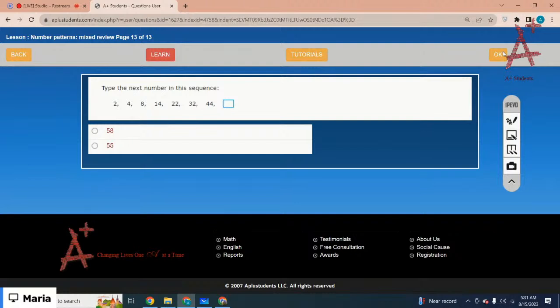For the next number, you have to add 14. So, 44 plus 14 is 58, right?